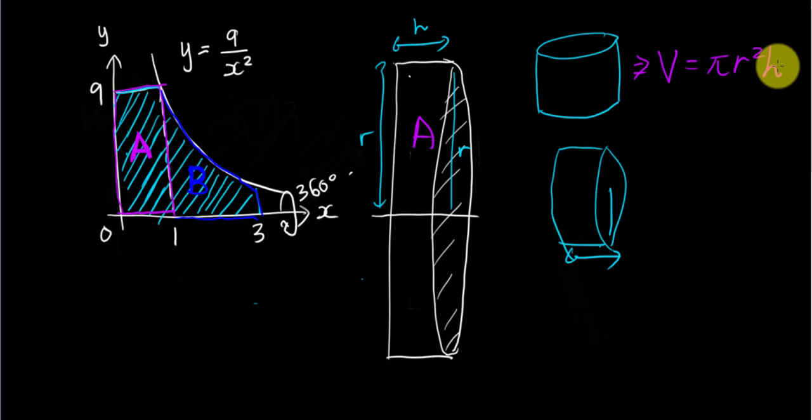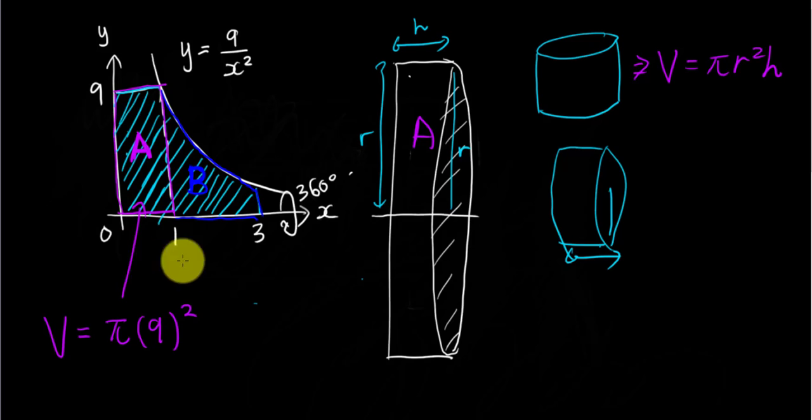So if I want to find my A over here, the volume is pi, my R is 0 to 9, so my R is 9, squared, and my height is 0 to 1, which is 1. So my volume of A should be 81 pi. This is how we find the volume of A.